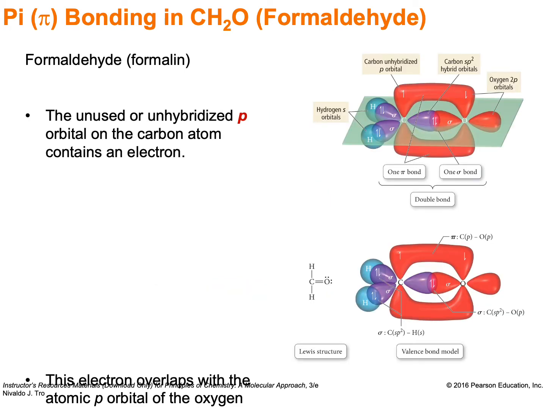So in this illustration of formaldehyde, you can see that 3 sigma bonds are formed from the carbon atom. There's 1 to each hydrogen atom, and there's another sigma bond, an sp2 sigma bond, formed to the oxygen. The double bond is the result of the pi bond that's formed in the unhybridized orbitals of carbon and oxygen, the unhybridized p orbitals.